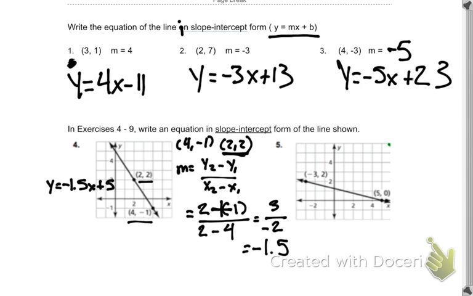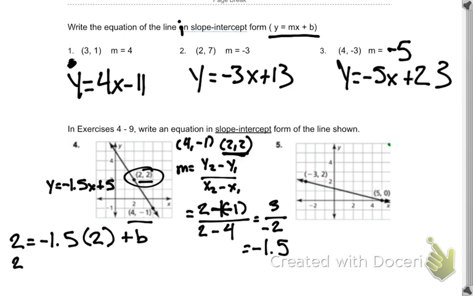Now we're going to use one of those coordinate points to plug in so I can find my b algebraically. So we're going to use 2 comma 2. So I'm going to start with 2 equals. My slope I found was negative 1.5. I'm going to plug in another 2 in, since both of these numbers are 2, plus b.